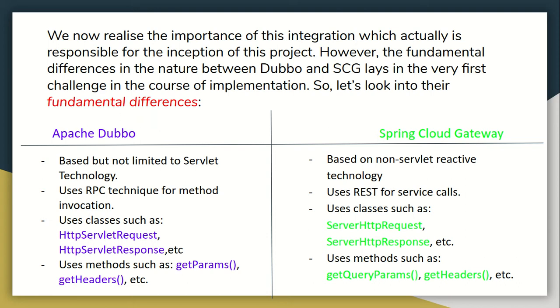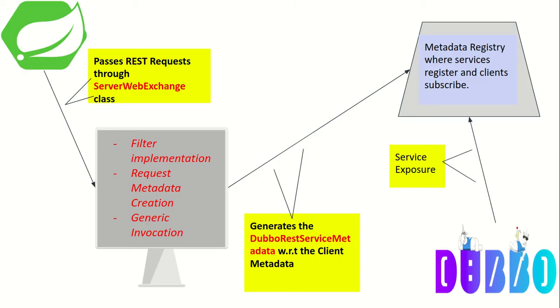So what was our implementation plan to make these two softwares compatible with each other? Spring Cloud Gateway, as you can see in the top left corner, would pass the REST requests by using a ServerWebExchange class, and after that we'll create a filter implementation.